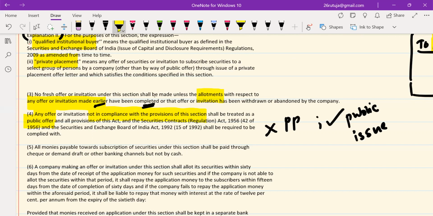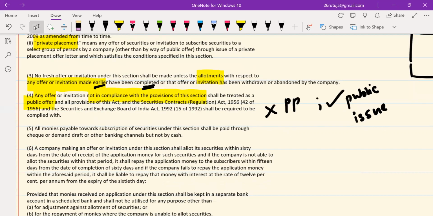Investors who are going to invest into the securities of the company through private placement shall pay the money through cheque or demand draft or any other banking channels, but not by cash. Cash is not entertained at all.